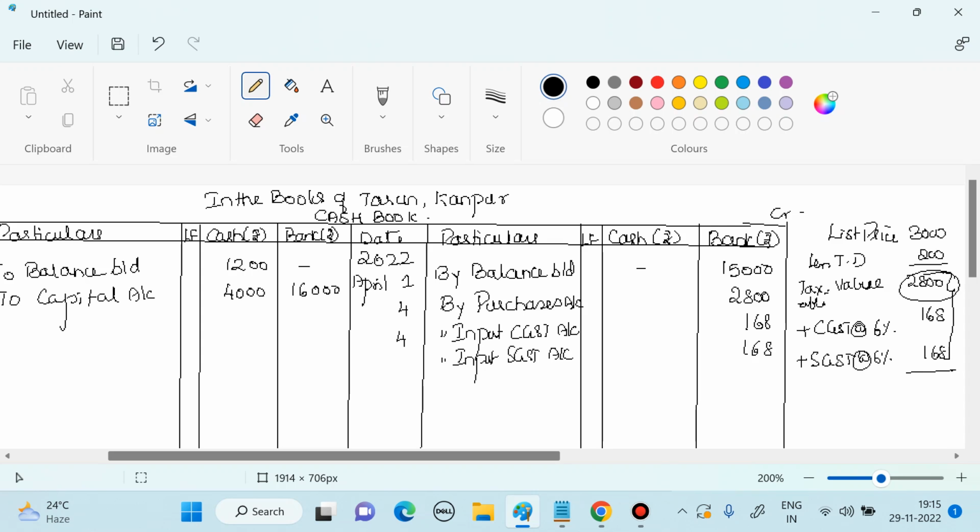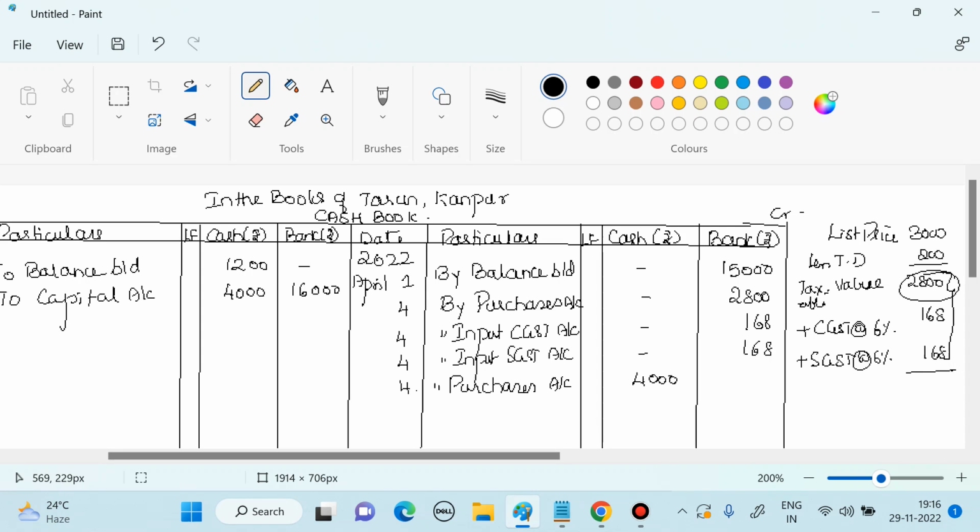This was an intrastate transaction. Now next, on the same date April 4th, there is one more purchase. Here goods were purchased for cash. The previous one was paid by check, so it came in the bank column. But now, on the same date, 4th April, this is a purchase in cash, so we'll write by purchases account. Goods were purchased for 4,000, so the purchase value will come in the cash column, 4,000. And then there is CGST and SGST.